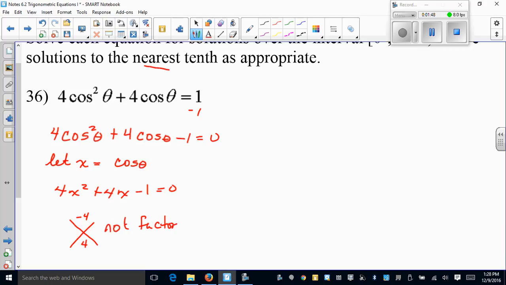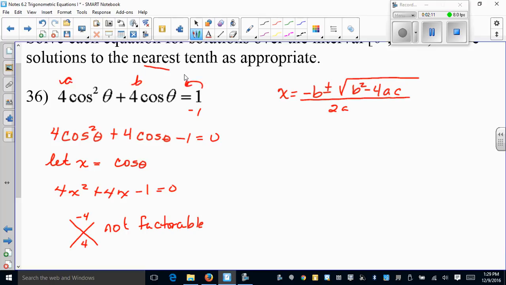So instead, we will use the quadratic formula. So x equals -b plus or minus the square root of b squared minus 4ac, all of that over 2a. And in this case, this would be my a, this would be my b, and once I move the 1 over, it becomes my c.